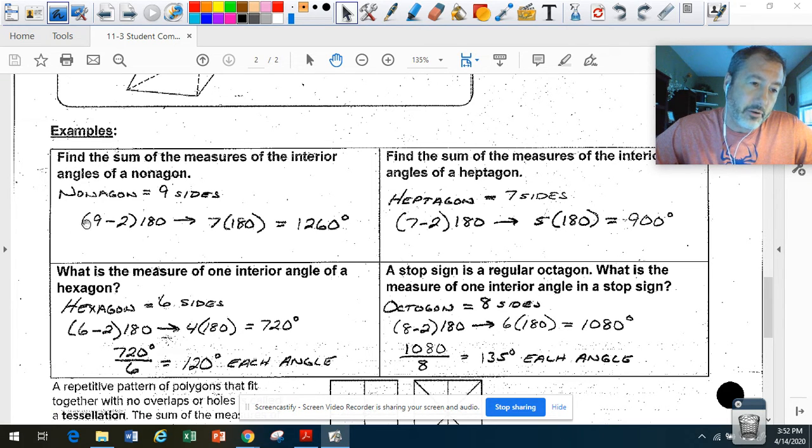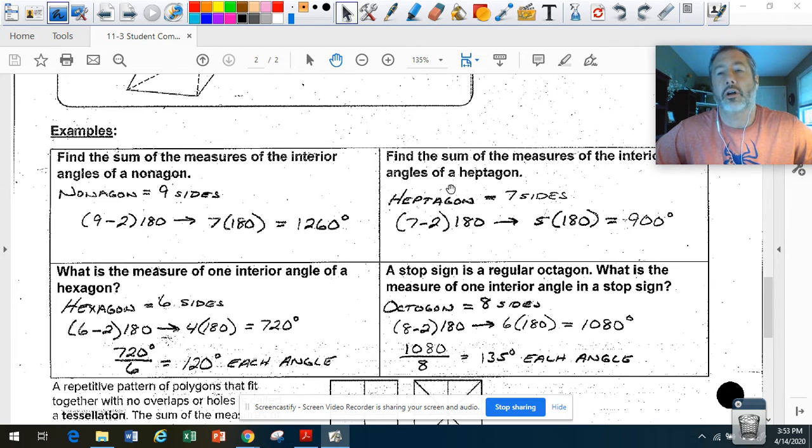N is 9, so 9 minus 2 times 180. 9 minus 2 is 7, and 7 times 180 is 1,260. So in a nonagon, no matter how you draw it, there's going to be 1,260 degrees, a total of the interior angles.